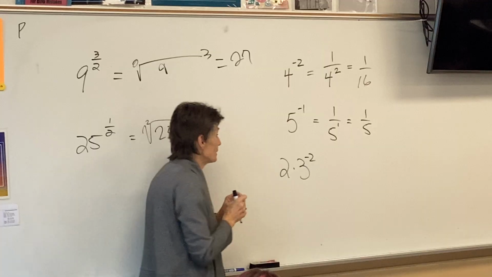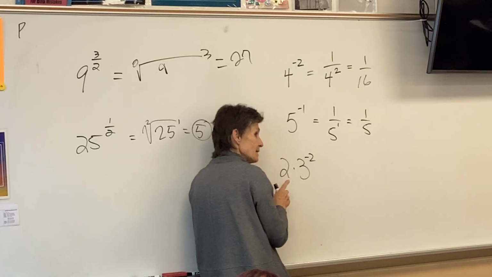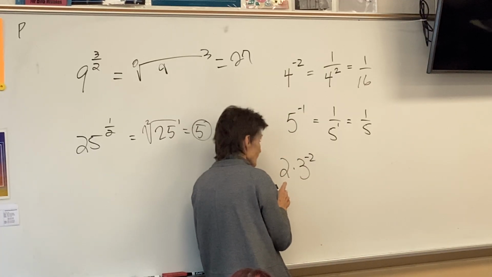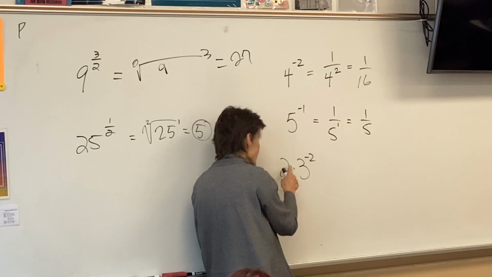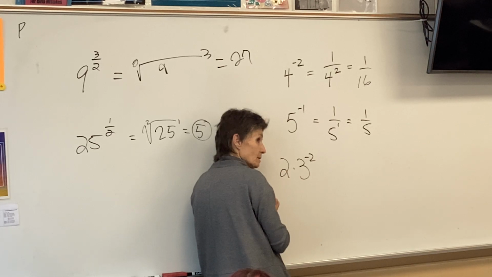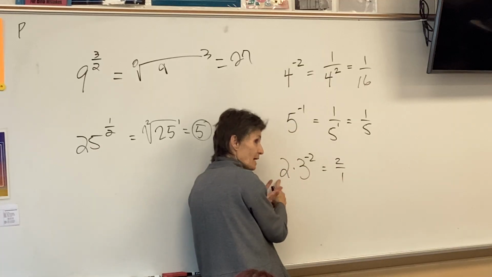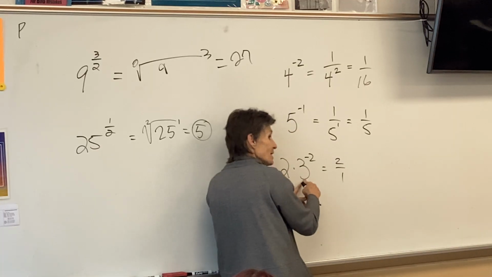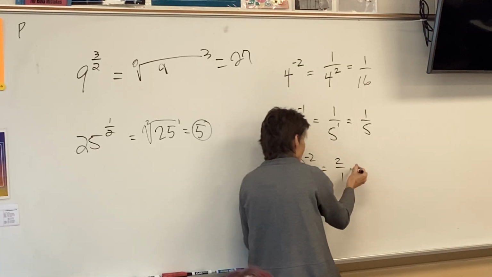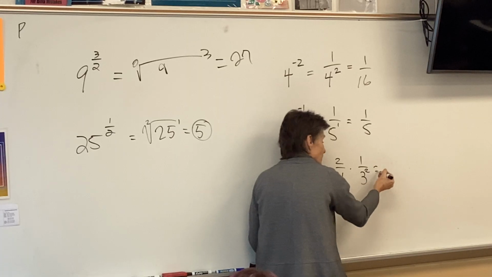Okay. Now, be careful with ones like this. That does not have a negative exponent. So that is 2 over 1, isn't it? But this is going to be 1 over 3 squared.